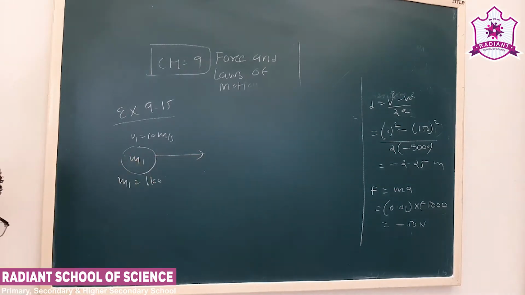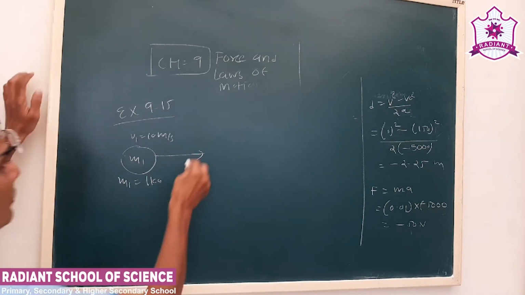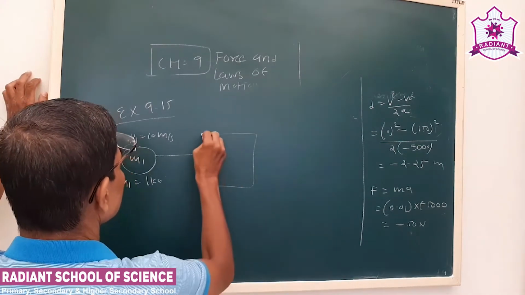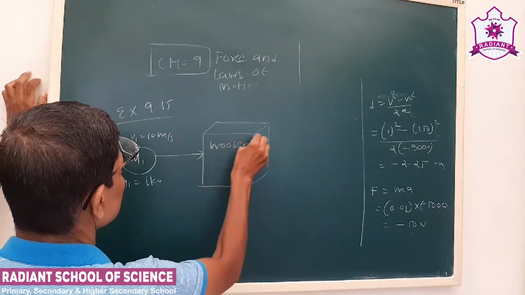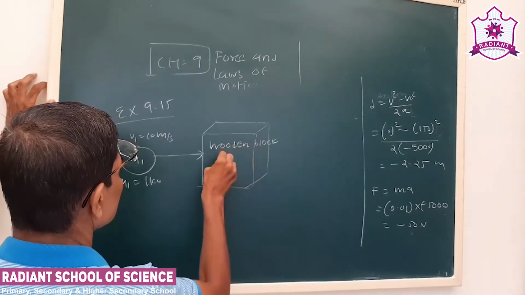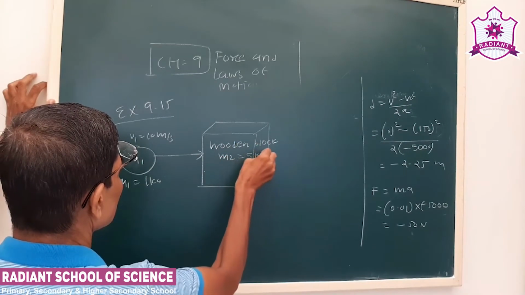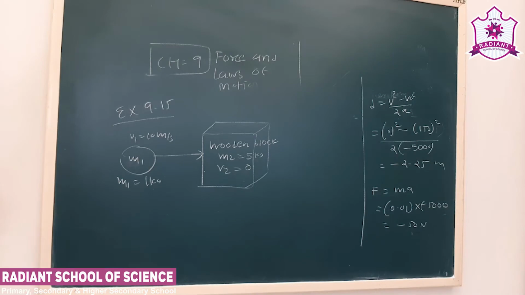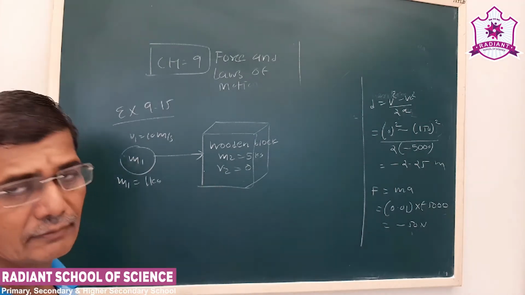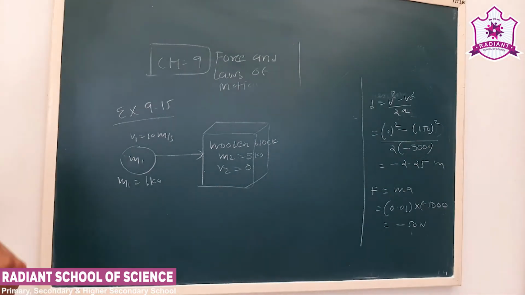It is a stationary object, so the velocity of the second object, or wooden plank, is 0.